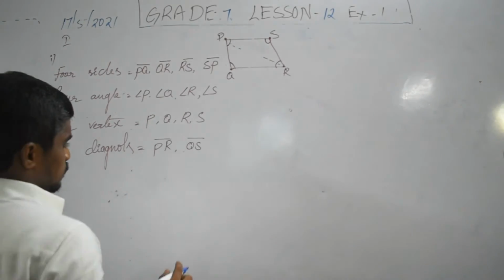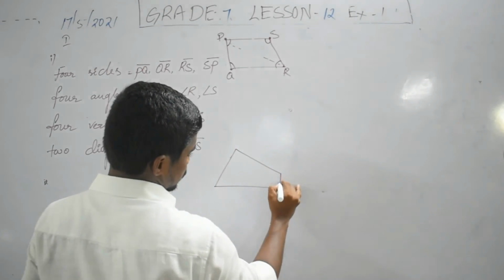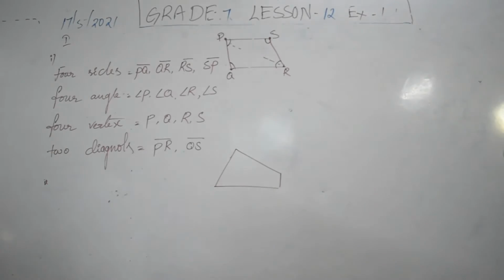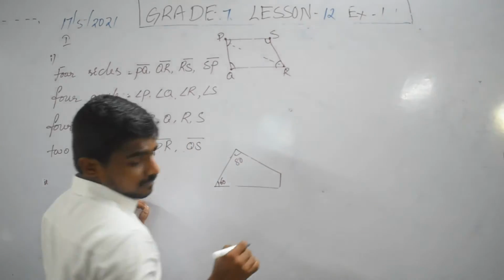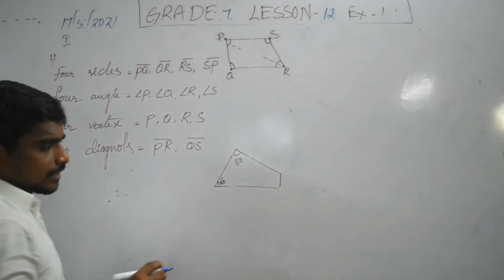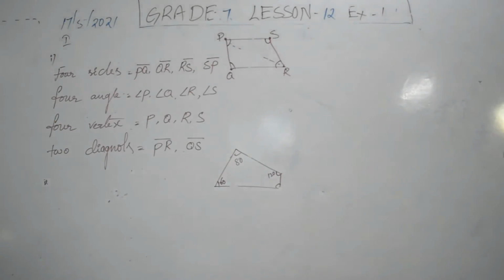Next they are asking about another picture, where 60, 80, 120 are given. Also name all the pairs of adjacent sides, adjacent angles, opposite sides and opposite angles.